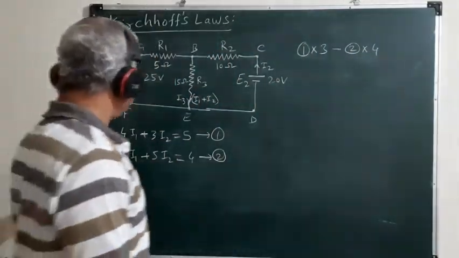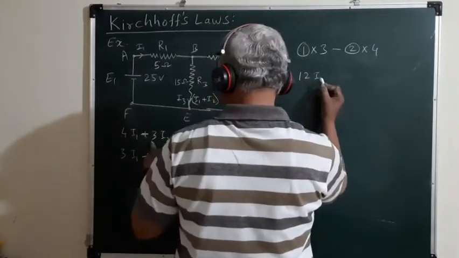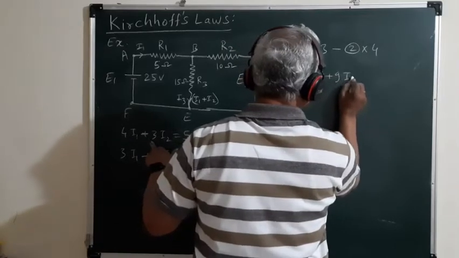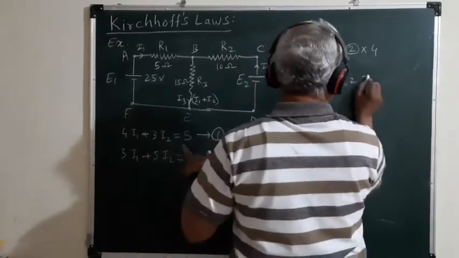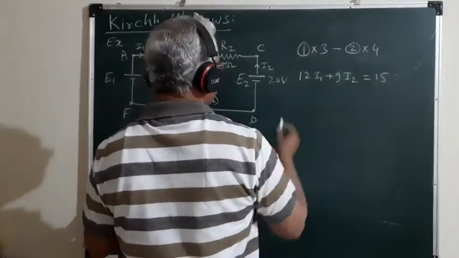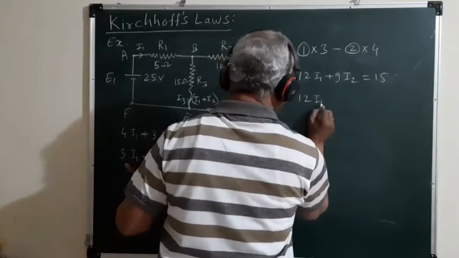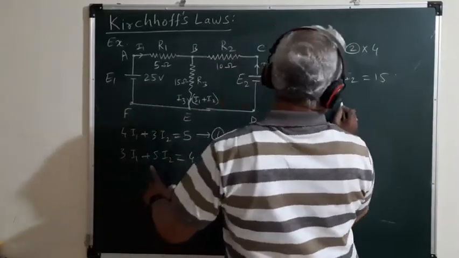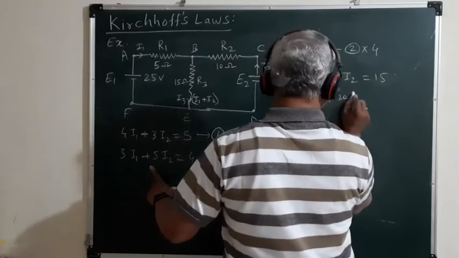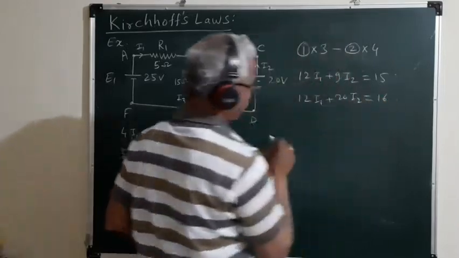Equation 1 multiplied by 3 is 12I1 plus 9I2 is equal to 15, and equation 2 multiplied by 4 is 12I1 plus 20I2 is equal to 16.